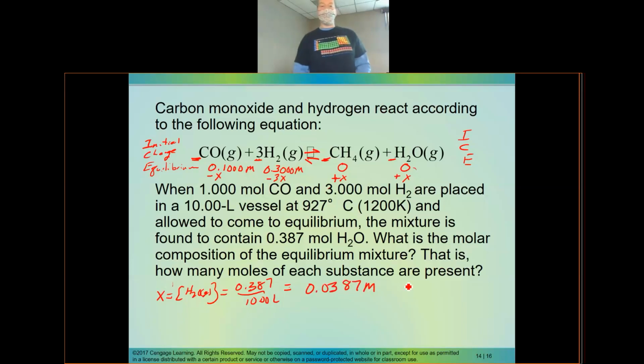So now we have x. And so our CO concentration is simply 0.1 minus x, which is 0.1 minus 0.0387.